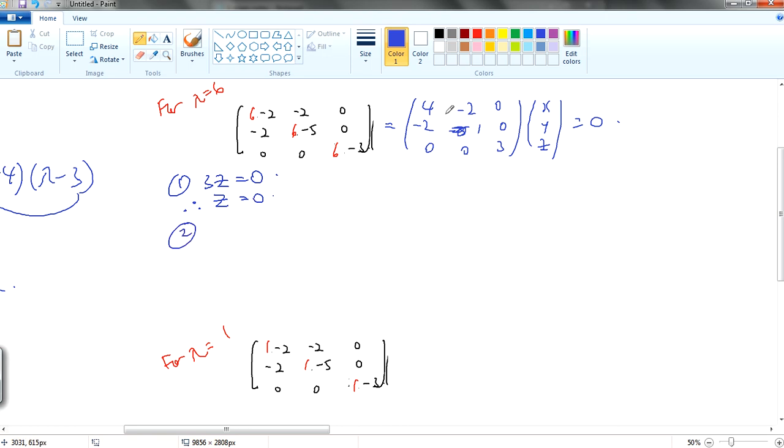And then second step, since we know that z equals 0, and that this portion, as you can see, this portion here is minus 2, and these two are the same. Okay, if you multiply by minus 2, you'll get 4 and minus 2. Okay, so they are the same.